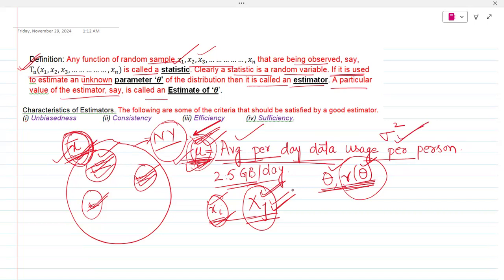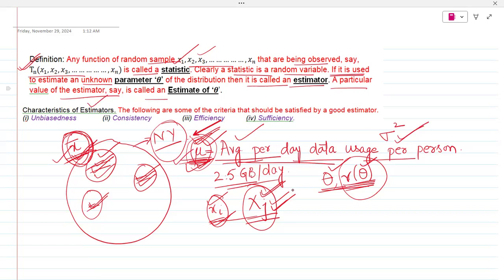So here what we are looking for are estimators. The estimator should be a good estimator. Obviously, if our estimator is bad, then it will give us a bad estimate of the parameter.